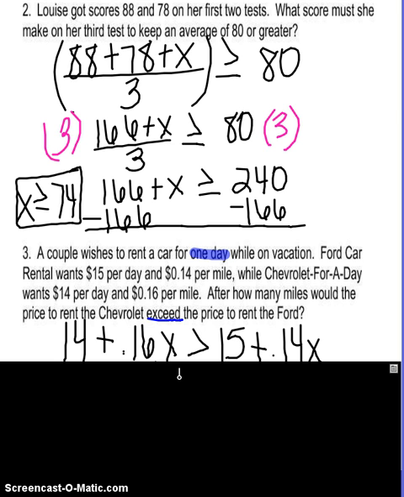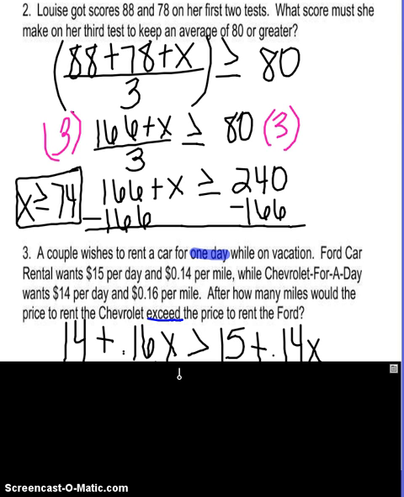So that's plus 0.16x. And that needs to exceed, or be greater than, whatever my Ford is, which is $15 a day plus the 14 cents per mile. So now I have an inequality, and you guys should be able to solve this inequality.